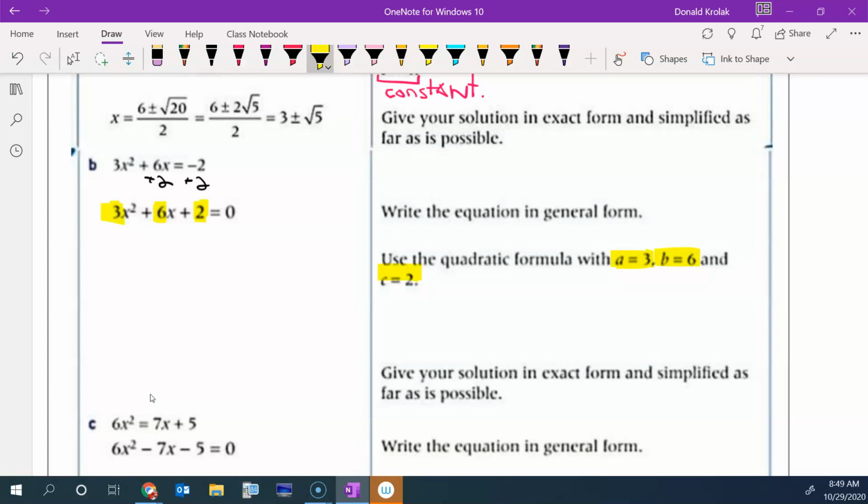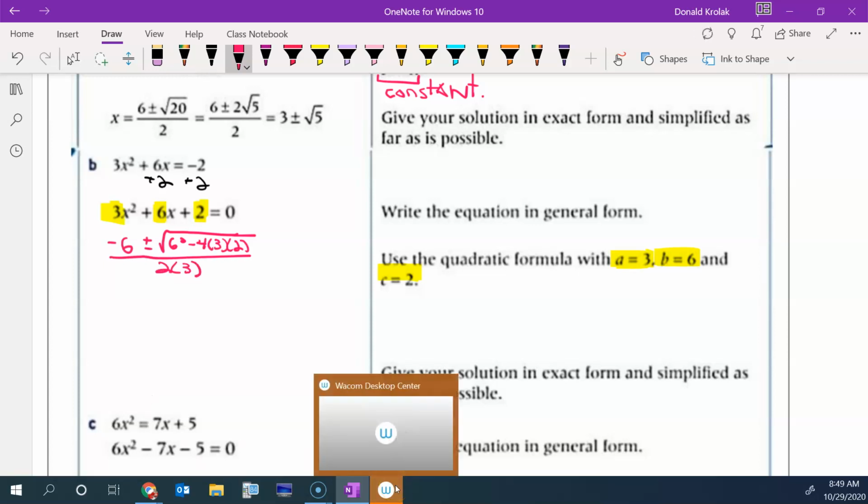Then we plug it into the quadratic formula, which is the opposite of B, which would be negative 6, minus the square root of B squared, so 6 squared minus 4 times 3 times 2, all divided by 2 times 2a.